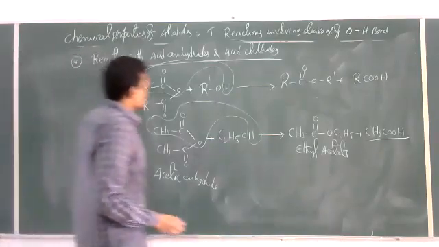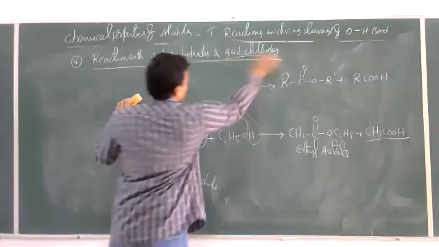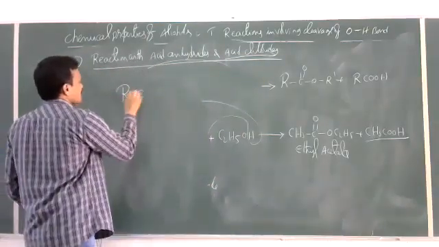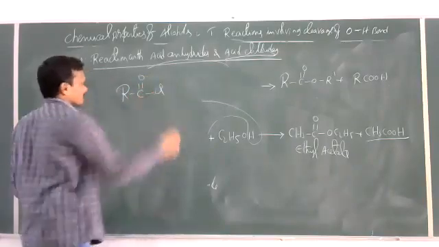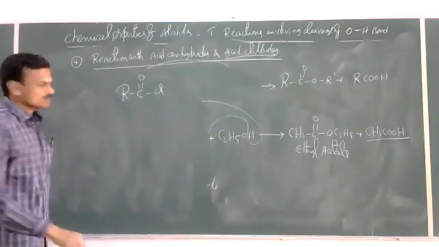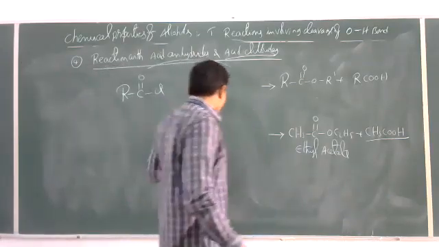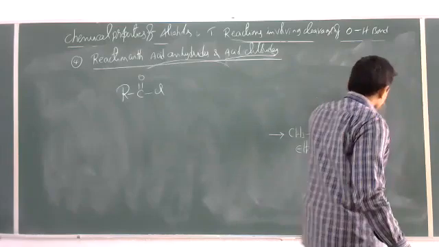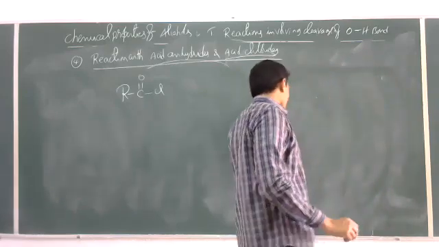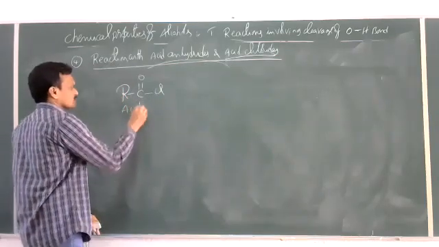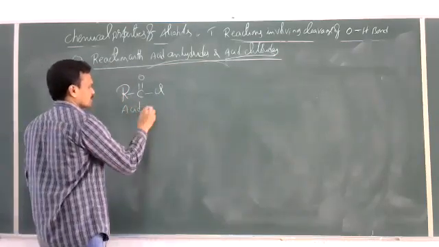Now let us see one more last equation. Reaction with acid chlorides. RCOCl. This is the general formula of acid chloride. Simply, from the carboxylic acid, if OH minus is replaced by a halide ion, that is called an acid halide. Here we have replaced OH with Cl, so it is called an acid chloride.